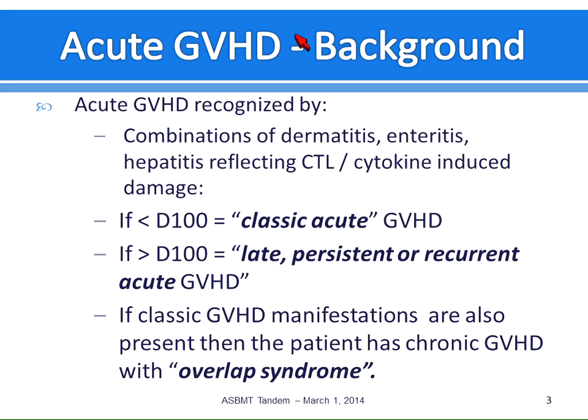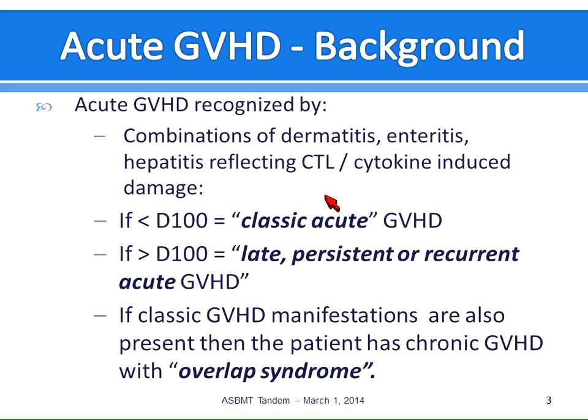Now, you're very familiar with the acute manifestations of classic acute GVHD that typically occur within the first 100 days of transplant after an ablative regimen. And you can recognize those by the acute inflammatory signs that you'll see in the skin, the gut, and the liver, caused mainly by cytotoxic lymphocytes and associated cytokine-induced damage.